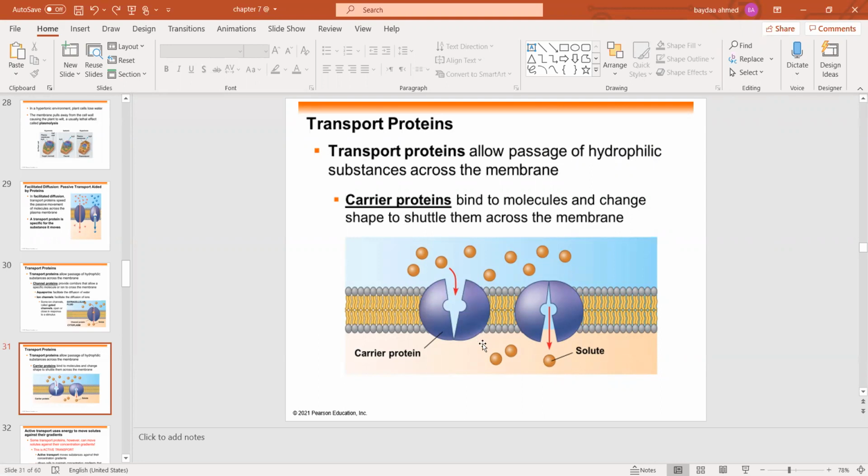Such a change in shape may be triggered by the binding and release of the transported molecules. Like ion channels, carrier proteins involved in facilitated diffusion result in the net movement of substances down their concentration gradients.